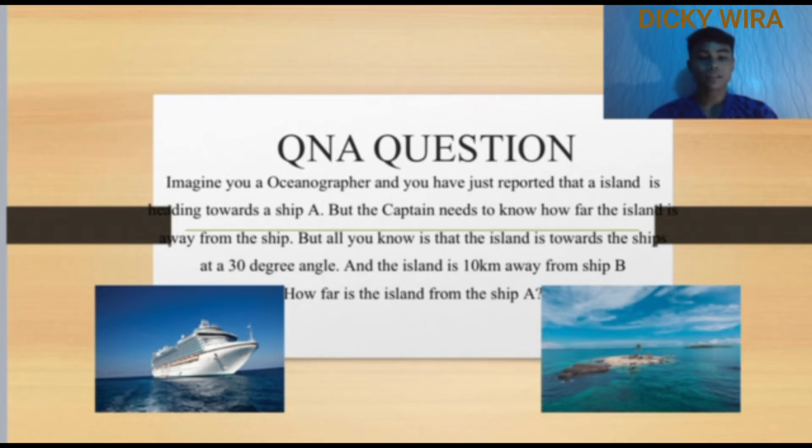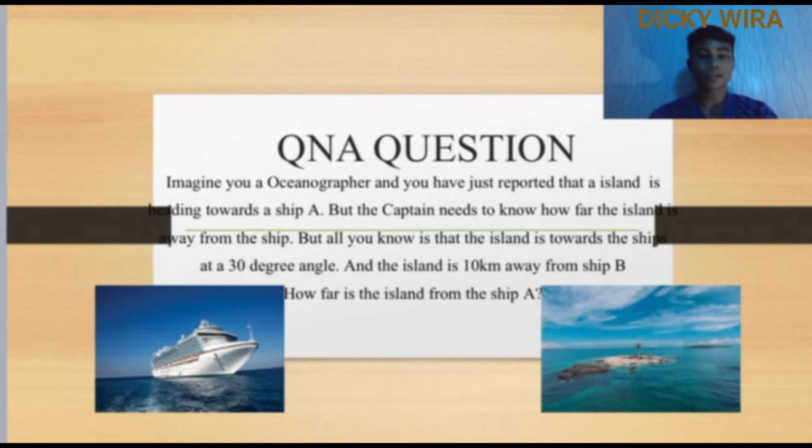All you know is that the island is toward the ship at a 30-degree angle, and the island is 10 kilometers away from ship B. How far is the island from ship A? The content we can see here is the question with respect to trigonometry.